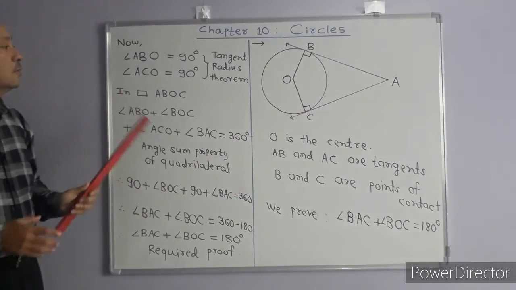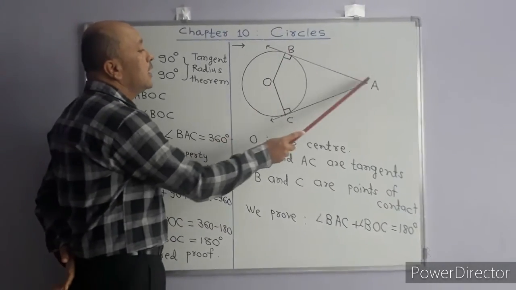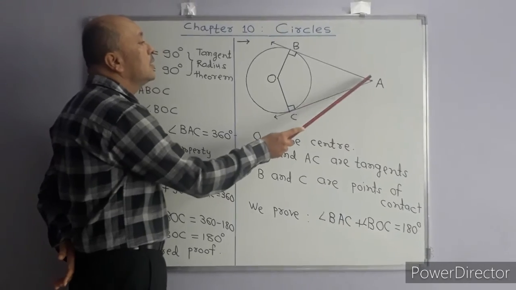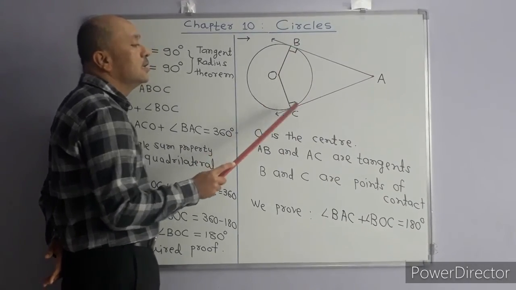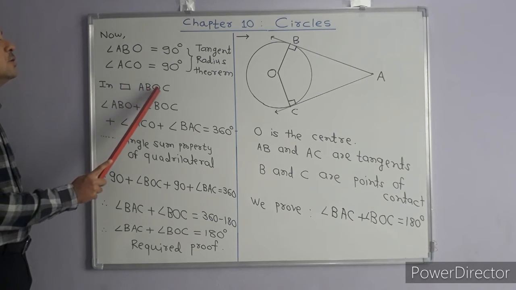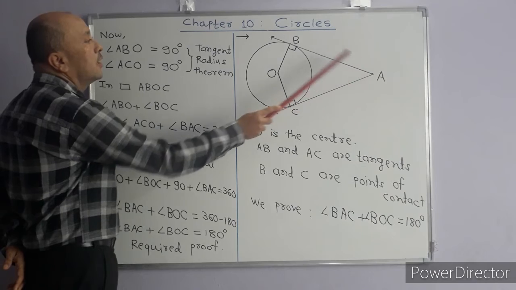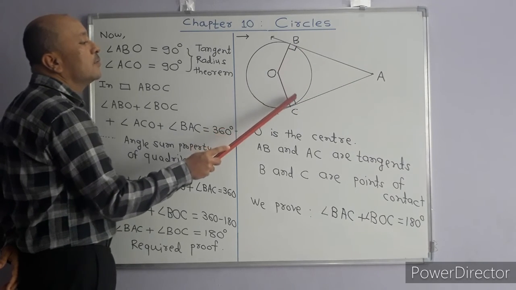Okay. So now we got a quadrilateral, OBAC, or we can call it ABOC. In quadrilateral ABOC, there are total 4 angles, angle number 1, 2, 3, 4.